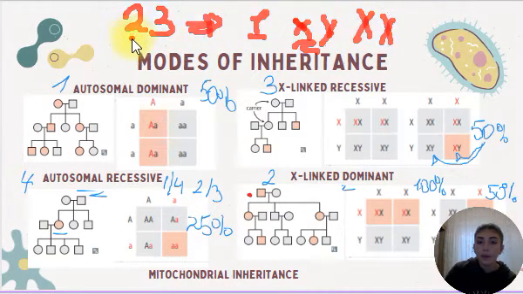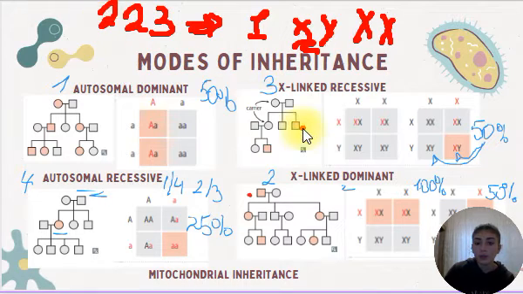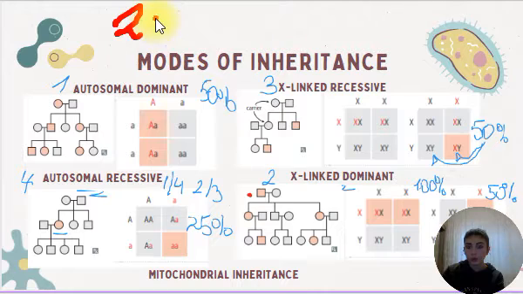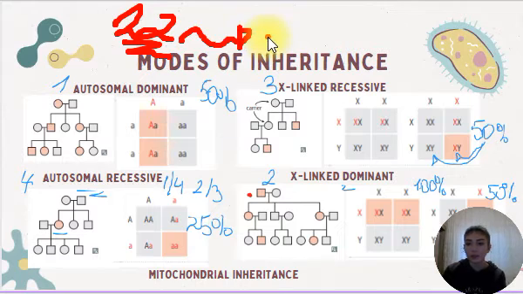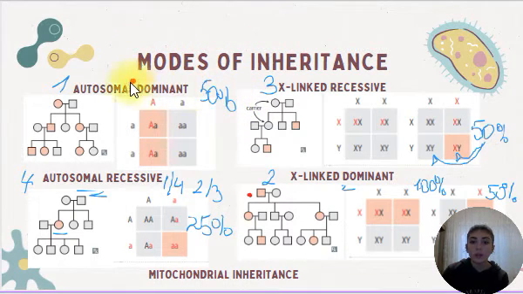So 22 pairs of chromosomes are somatic, right? Not linked with sex. These somatic chromosomes are autosomal, and X-linked are sex-linked, right?